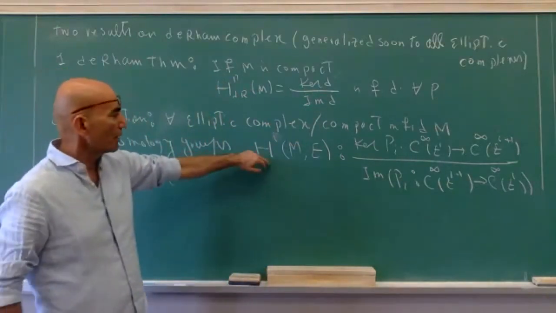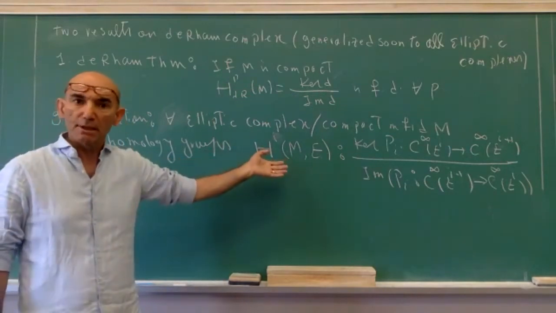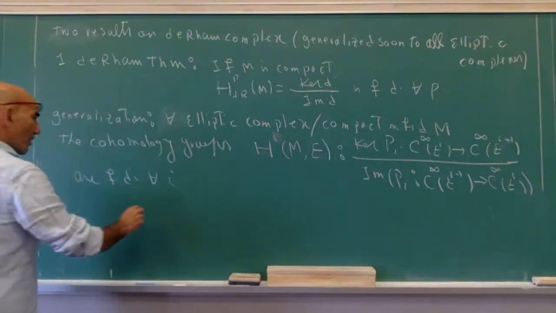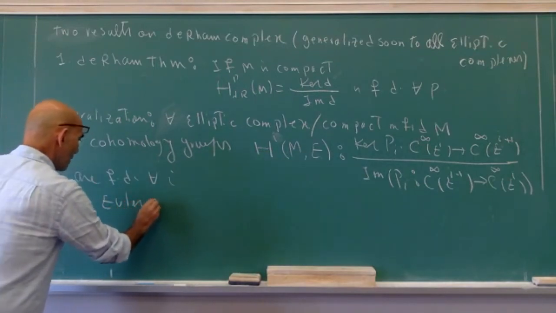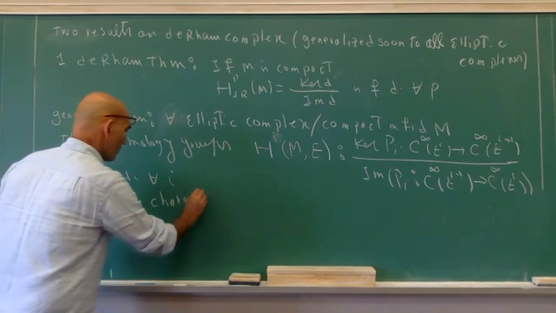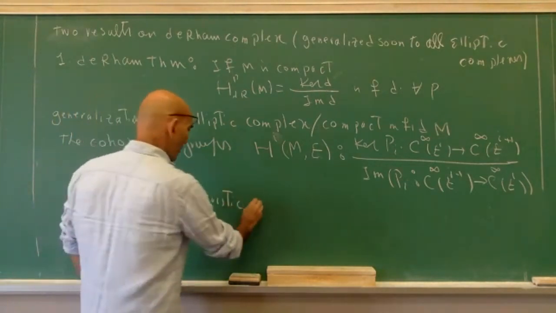So these groups are finite dimensional. As a result, we can take the Euler characteristic, so we can define the so-called Euler characteristic of an elliptic complex.